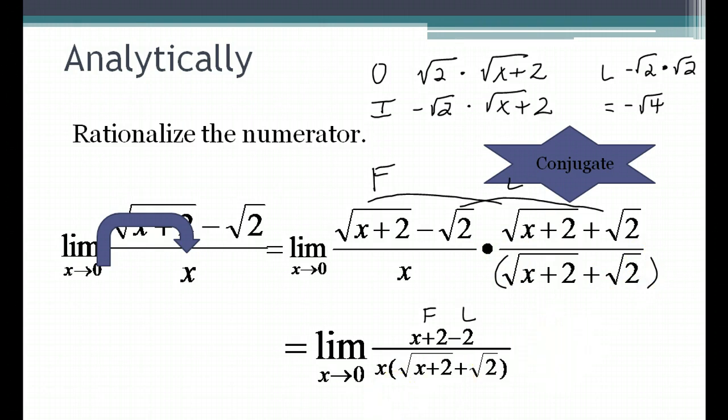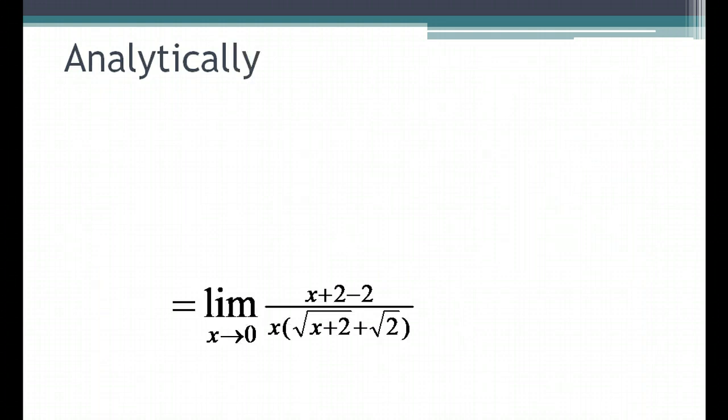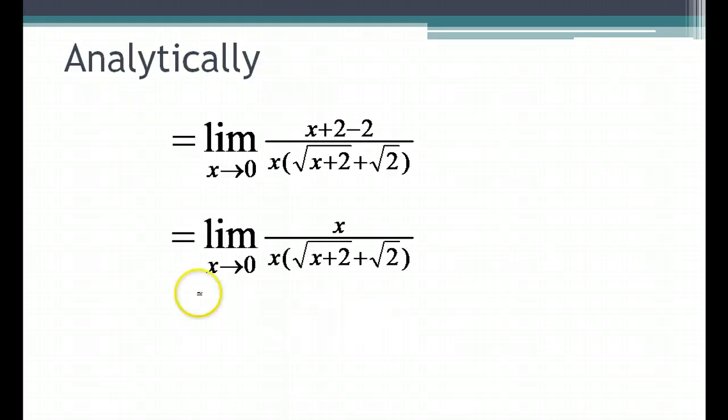All right, so now we're going to combine the things that combine together or cancel out. And hopefully you'll notice that the 2 and the minus 2 are gone and leave me with an x on the top, an x on the bottom, and that other conjugate piece.